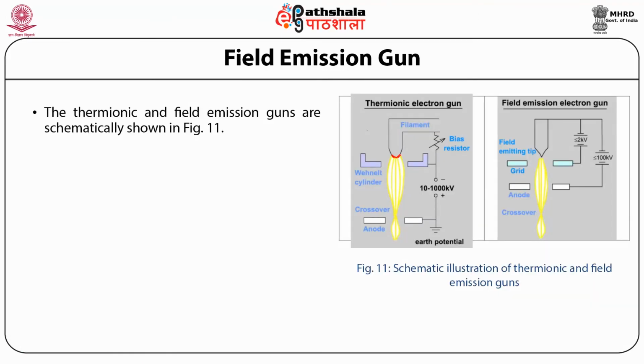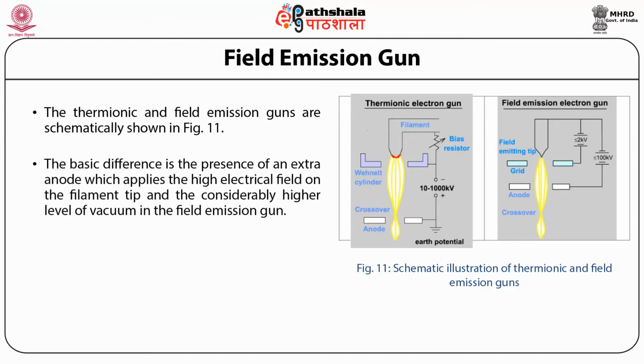Field emission guns are schematically shown in figure 11. The basic difference is the presence of an extra anode which applies the high electrical field on the filament tip, and the considerably higher level of vacuum in the field emission gun.